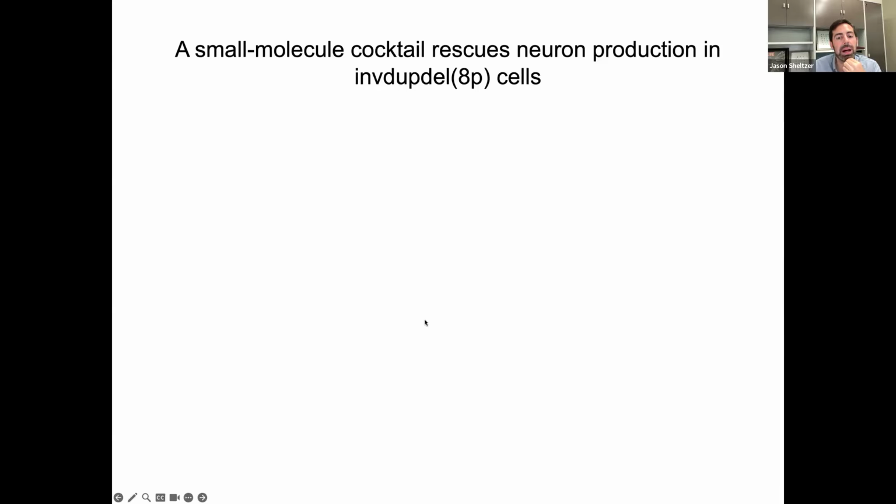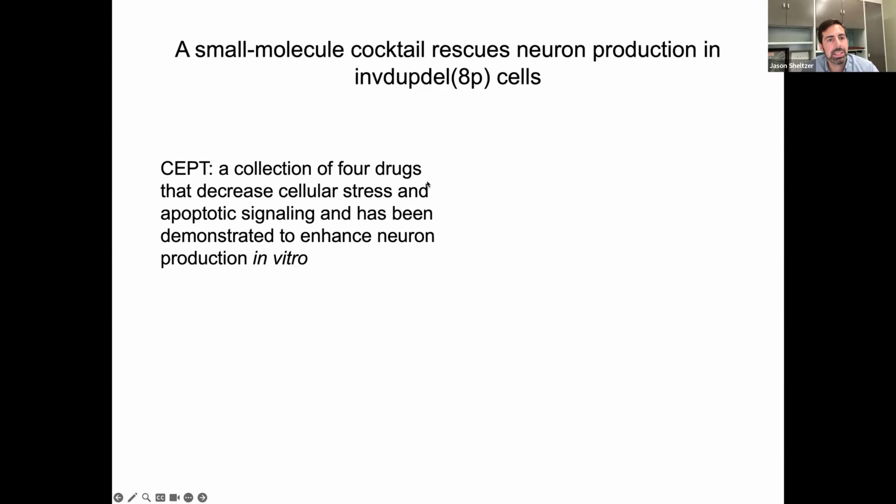A small molecule cocktail has recently been discovered that's been found to enhance the production of neurons in stem cells in general. So this is a group of 4 drugs called CEPT. These drugs decrease stress signaling and they decrease apoptotic signaling. So they suppress cell death.